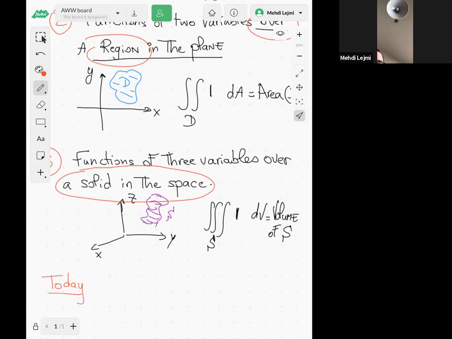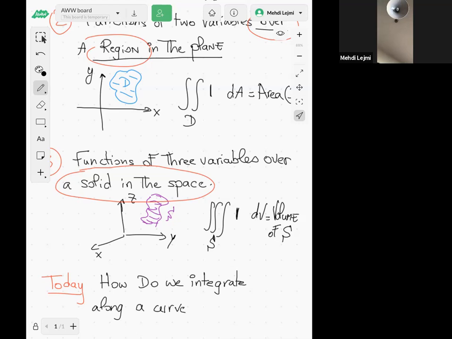So today we're going to try to see how to integrate along a curve. So what do I mean by curve here? I'm going to define a curve later, in a couple of minutes.